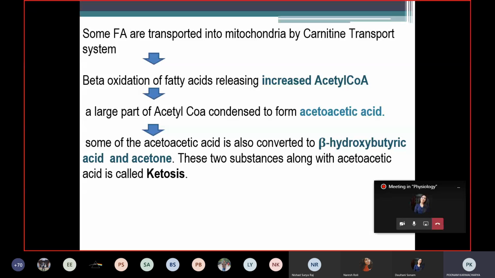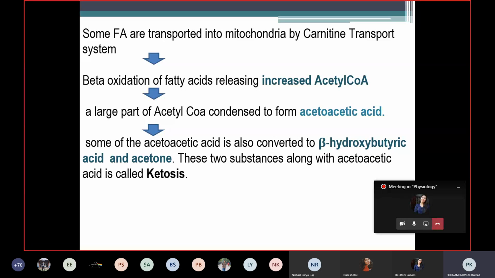Now acetyl-CoA will be condensed to form acetoacetic acid. Now some of the acetoacetic acid is converted into beta hydroxybutyric acid and acetone. Now these two substances, beta hydroxybutyric acid and acetone, along with the acetoacetic acid, are called the ketone bodies, and the condition is called ketosis.